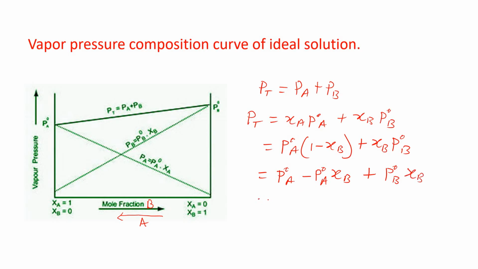So I can write P total as P naught A plus XB into (P naught B minus P naught A). This expression we can also write.